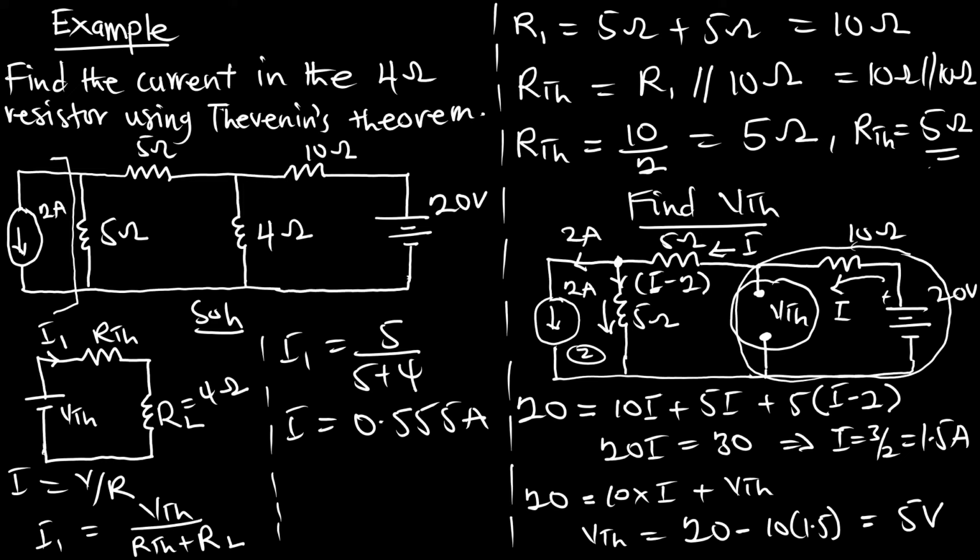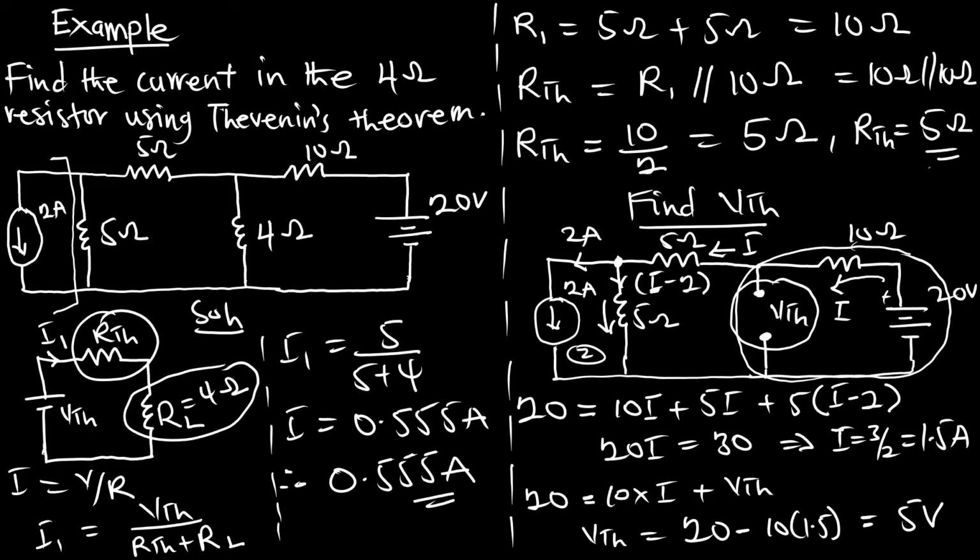Therefore, the current flowing through this 4 ohm resistor is the same current flowing through the RTH. So our answer will be the current passing through the 4 ohm resistor is 0.555 amperes. Very simple. What you have to know is the way to find your VTH using either of the analyses, or your RTH. Let's look at the second example here.